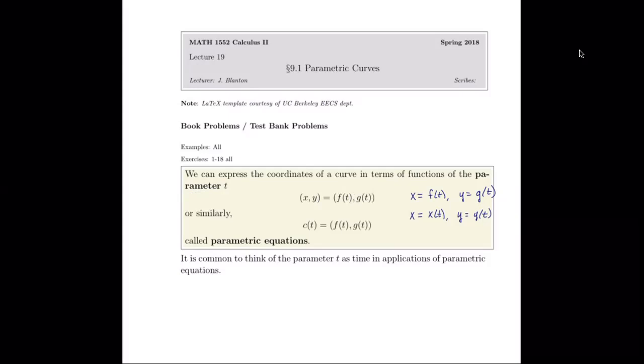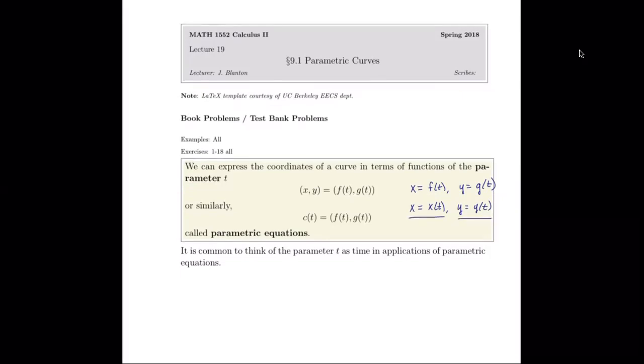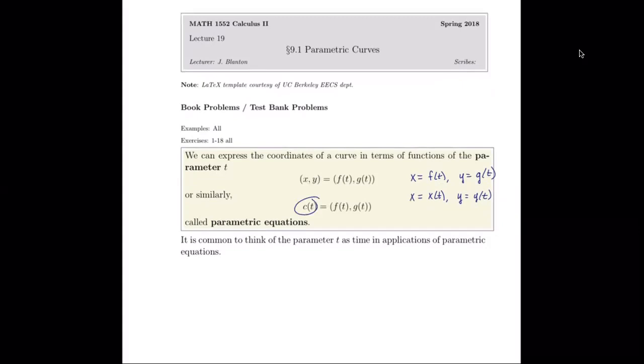We can split it up and write it in this form: x equals f of t and y equals g of t. Sometimes, to take this a little bit shorter, we might write x as x of t, x as a function of t, and then the y coordinate as a function of t as well, y of t. So some of these notations will be used interchangeably. And lastly, we'll use c of t to represent a curve in the xy plane. So multiple different notations we're seeing right here, but this is all among the realm of parametric equations.